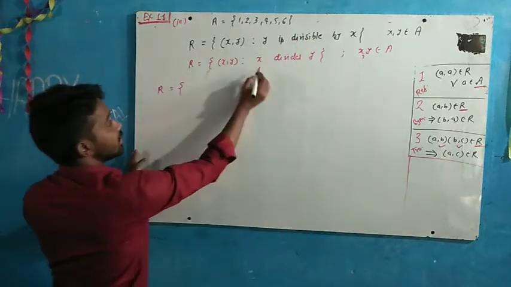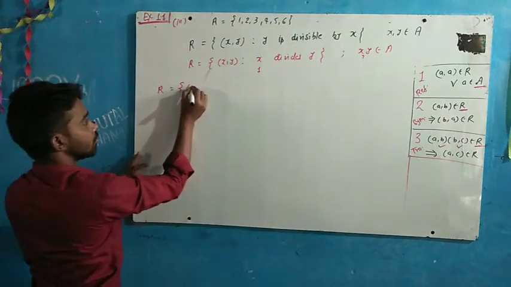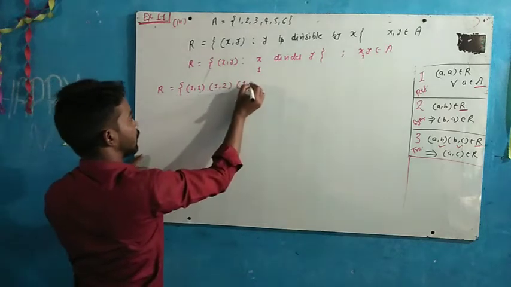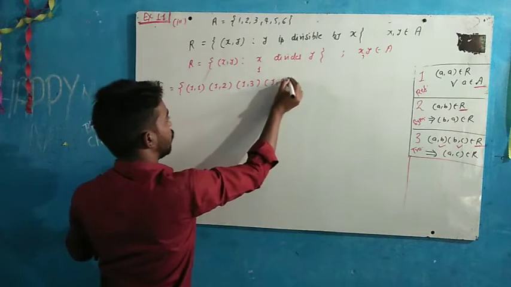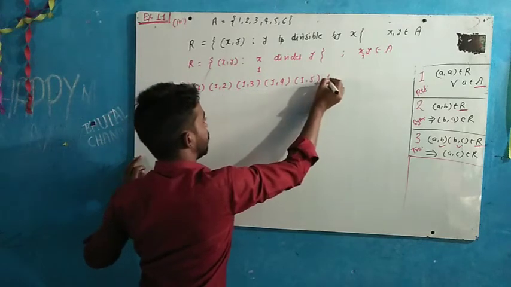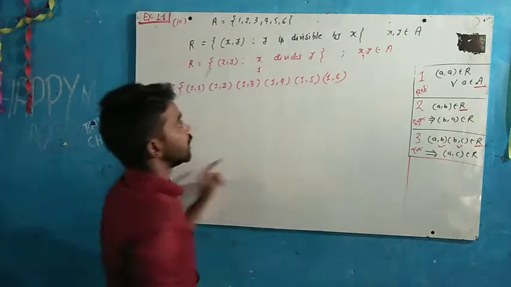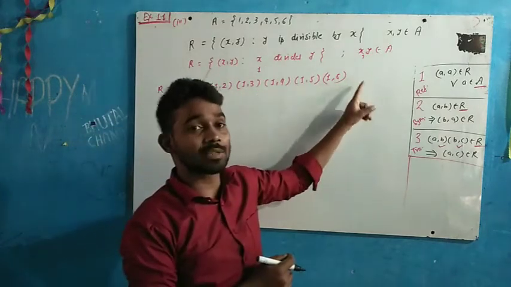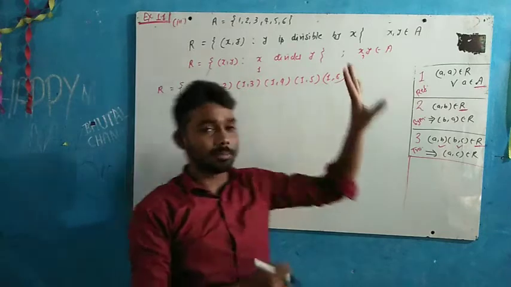So first we can say 1 comma 1, now 1 comma 2, 1 comma 3, 1 comma 4, 1 comma 5, 1 comma 6. It means 1 divides 1, 2, 3, 4, 5, 6. That's why 1 is connected with all the numbers.